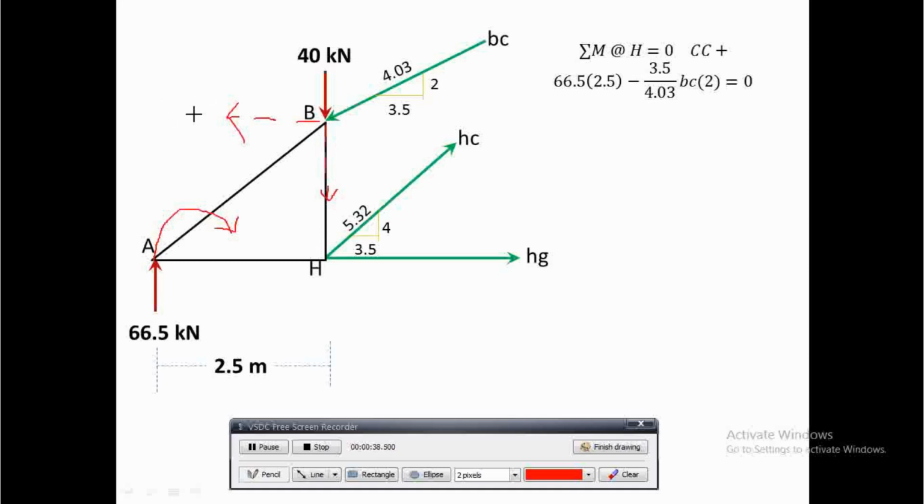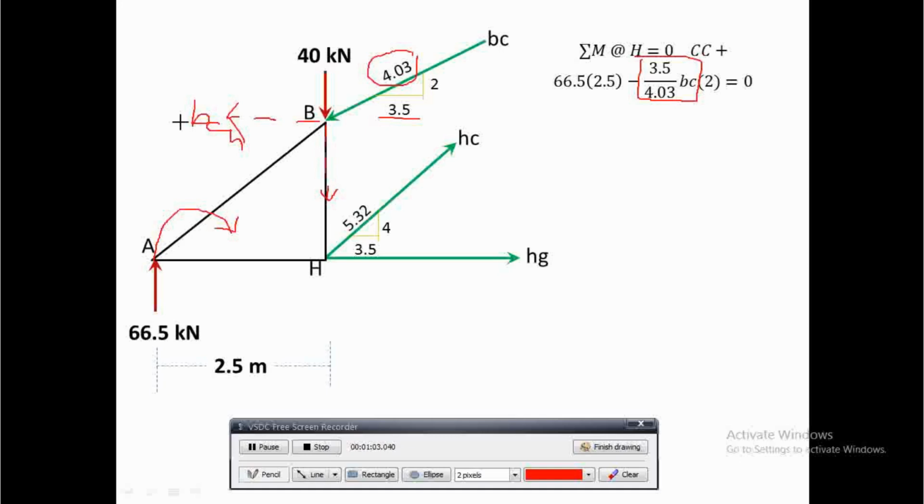What remains is the horizontal component of BC. The horizontal component of BC is 3.5, divided by the hypotenuse 4.03, multiplied by BC. This is the force, but I have to multiply it by the distance since we are dealing with moments.